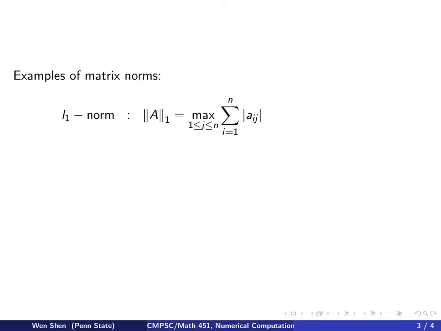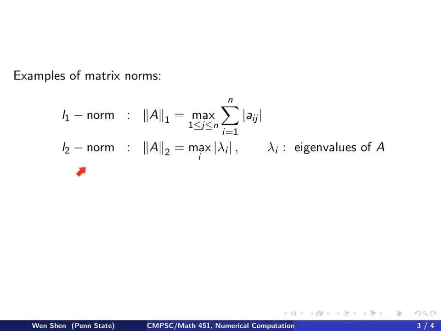You take the maximum of the sum of all the elements Aij in absolute value, summing first over i from 1 to n, so you are adding up the jth column. So you take the absolute value first, add up each column, and you get n numbers, and then you take the maximum over all those numbers, and that's the L1 norm.